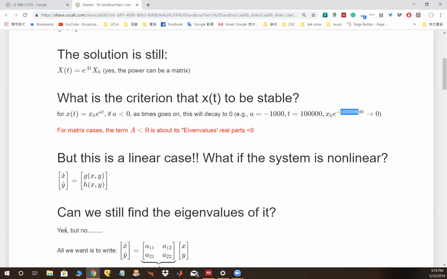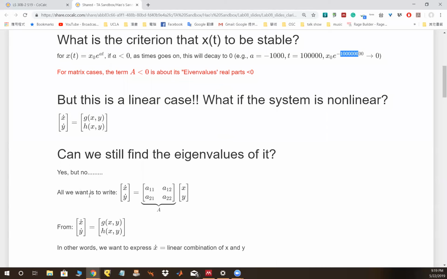Yes, we can find some eigenvalues, but no, they're not the real eigenvalues of that, because of course it's not a matrix. It won't even have eigenvalues. But we can find some way to approximate it. To analyze the stability, we always want to make the system look like a linear system, like this: constant multiplied by x and y equals x dot and y dot, or x prime, y prime.